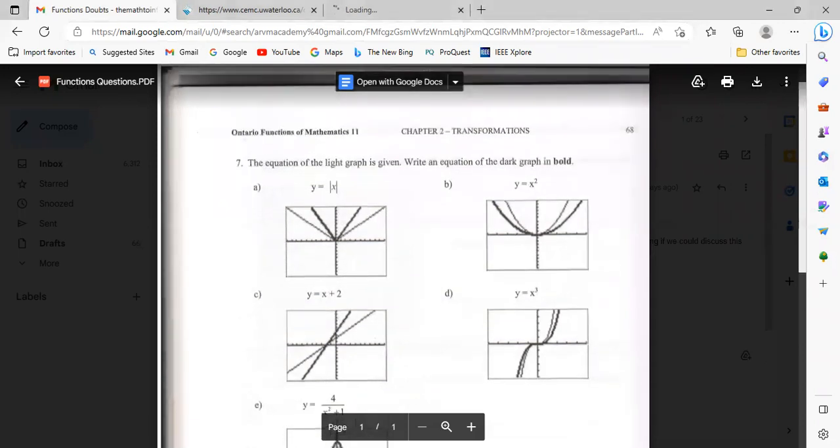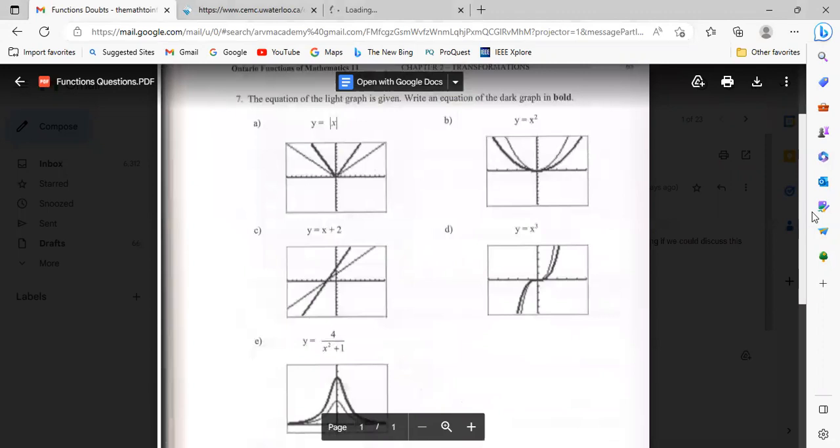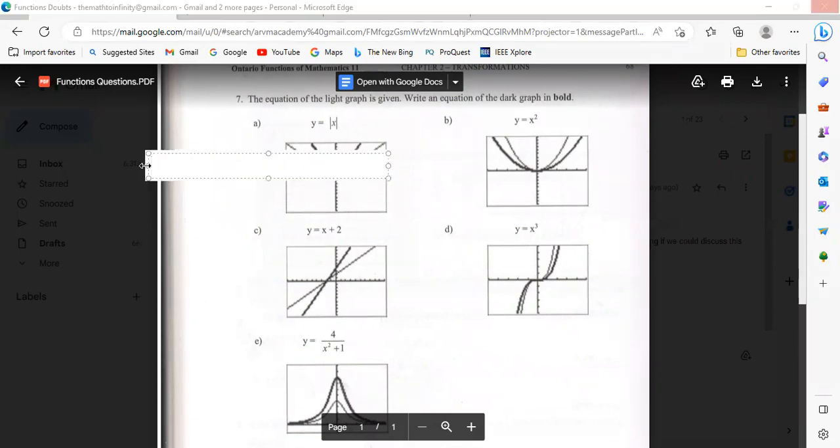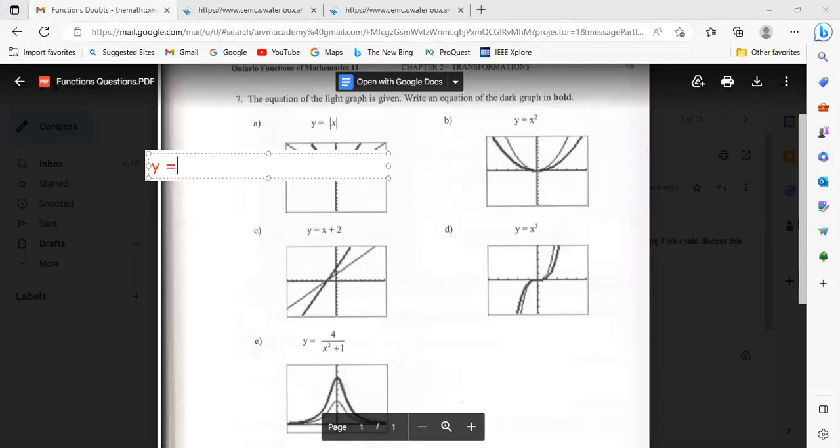Okay, this is easy. This is just basic plotting of graphs. Let's start from the basic graph. If I say y is equal to x, y is the function.